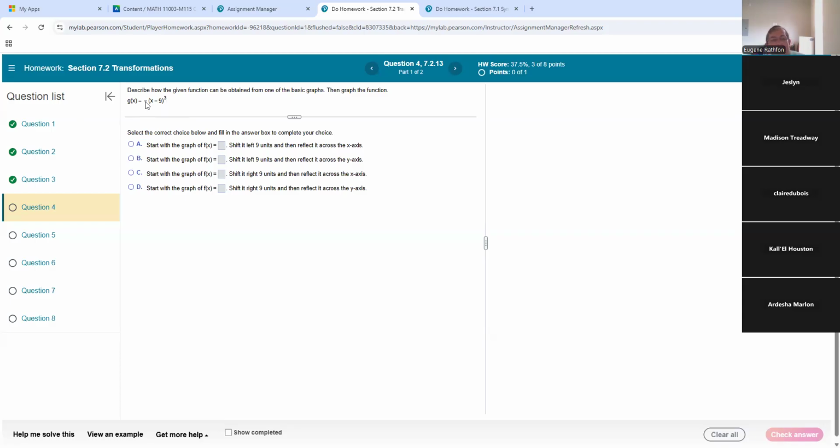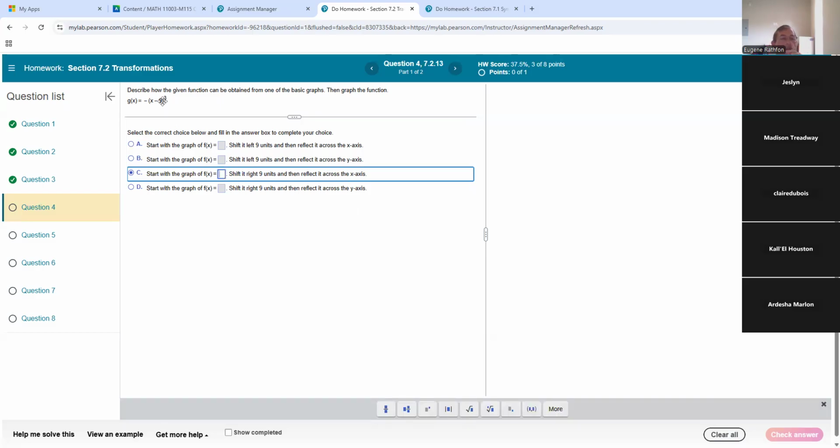And then that negative in the very front of the parentheses is going to reflect me over the x-axis. So see, two of these say y-axis, so throw them away. It's either going to be A or C with the x-axis. We said that subtracting 9 would move me right. A went left, so it's got to be C, right? C said shift it right 9 units, reflected across the x-axis.